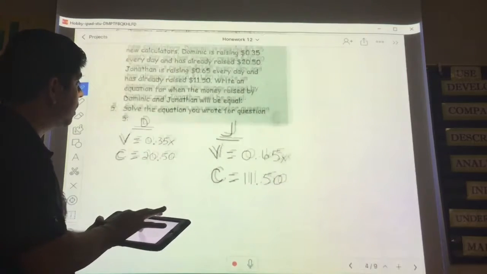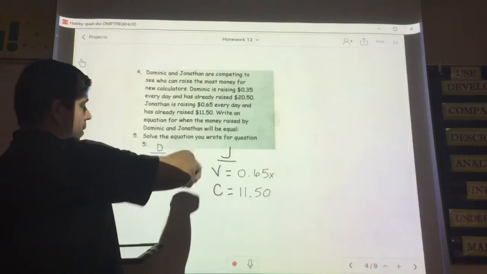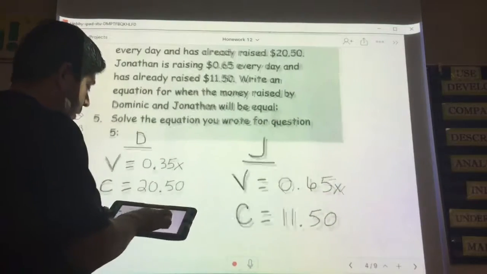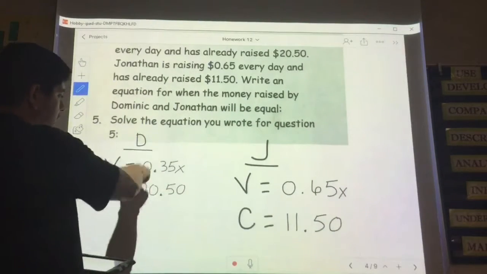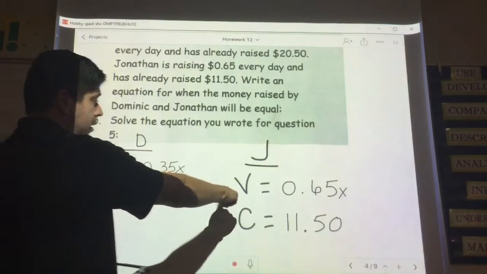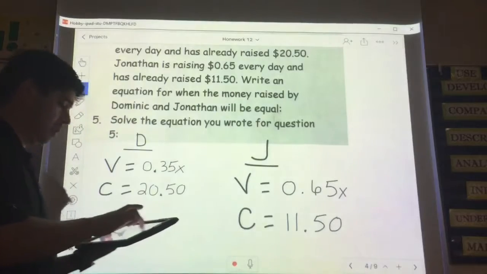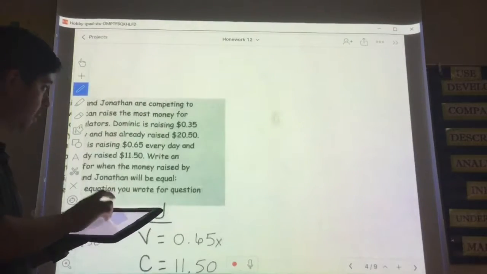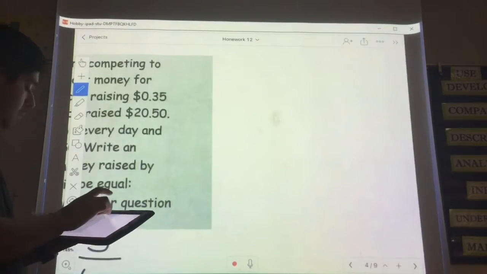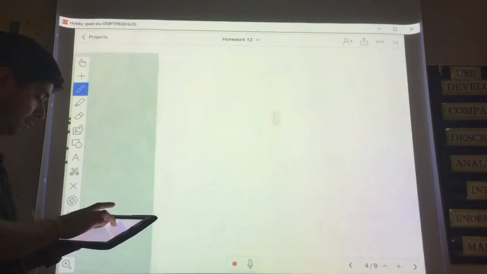Okay, so once I have these two, I can go ahead and set up my equation. This plus that is equal to this variable plus the constant. So like I said, I'm going to do that over here.